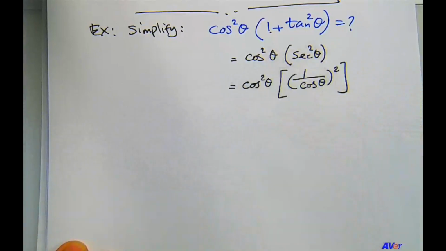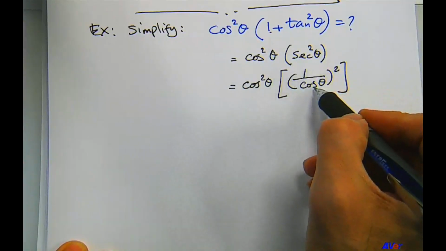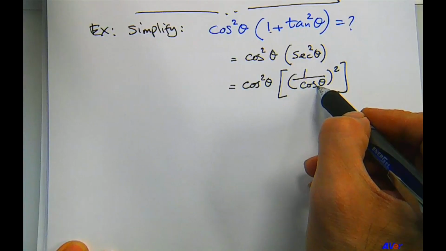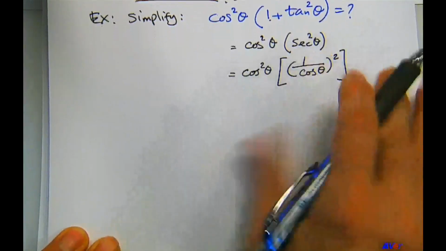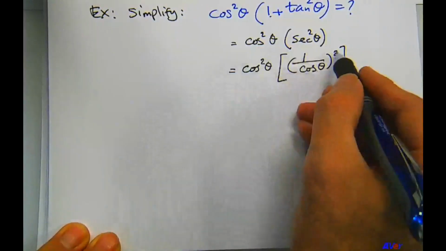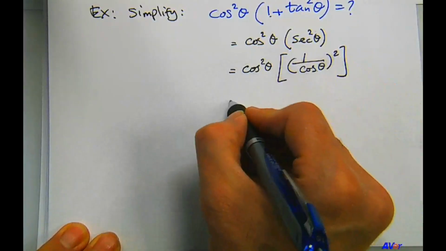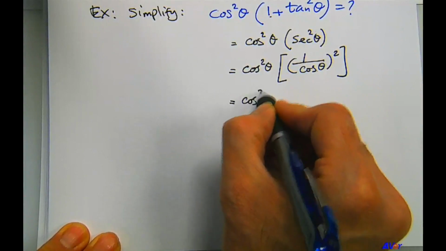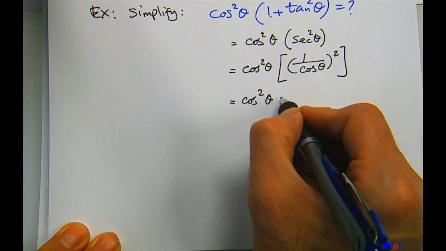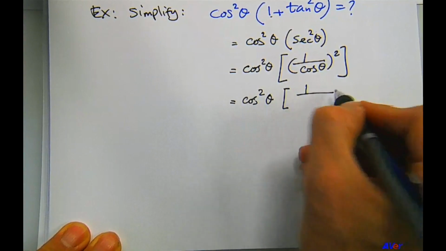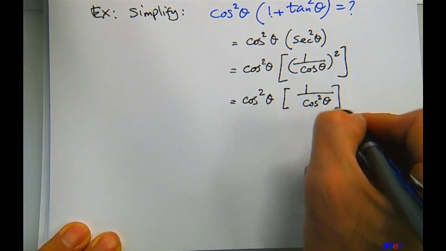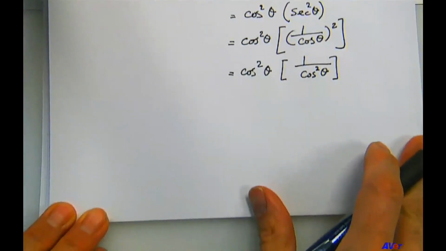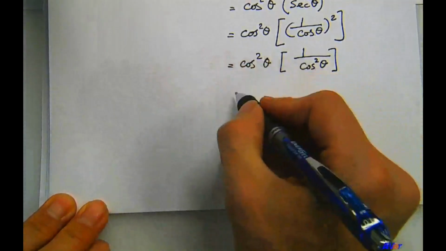Secant squared theta is equal to 1 over cosine theta, all squared. So let's take this one more step. I'm going to put this power on the inside. So cosine squared theta times 1 over cosine squared theta. You see where it's going, right?